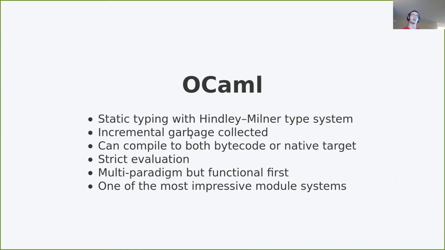And OCaml also has a very similar philosophy to C++ in that it is multi-paradigm, but it supports functional programming first. After that, it also supports object-oriented style, imperative style, modular style, etc.